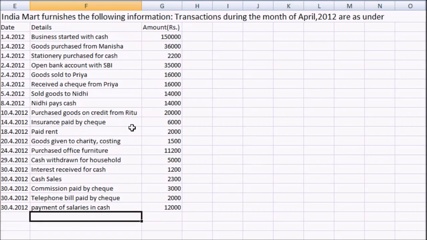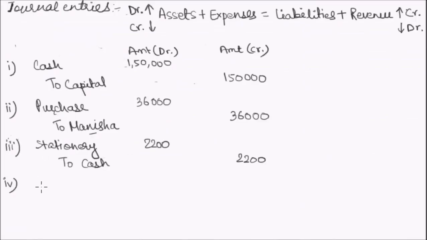And bank account, as it has increased, would be debited because it is an asset and any increase in asset would be debited. And cash account, as it has decreased and being an asset, any decrease in an asset would cause a credit. So the next entry would be bank account to cash account. Amount would be 35,000.